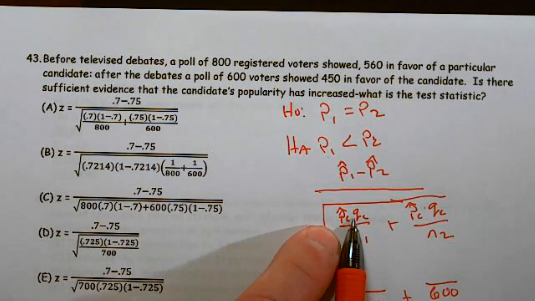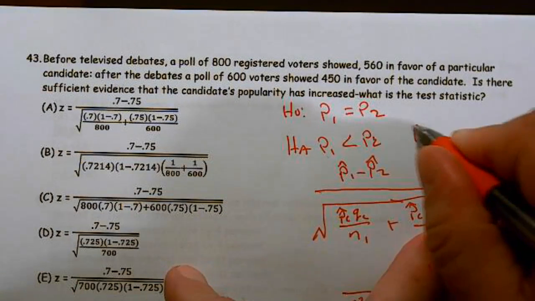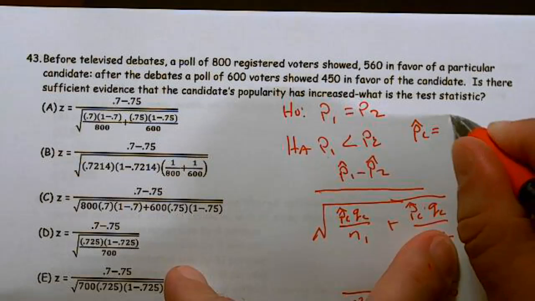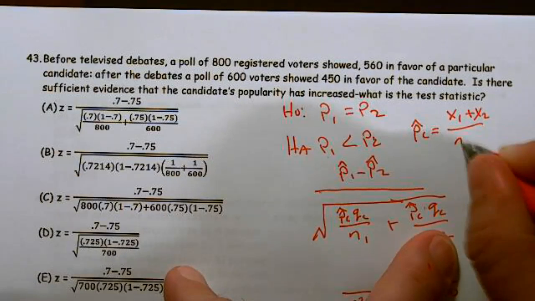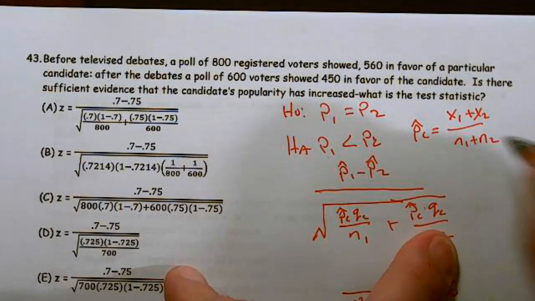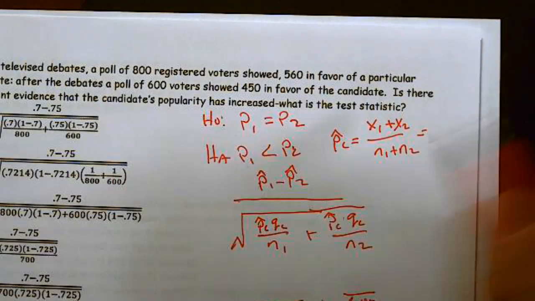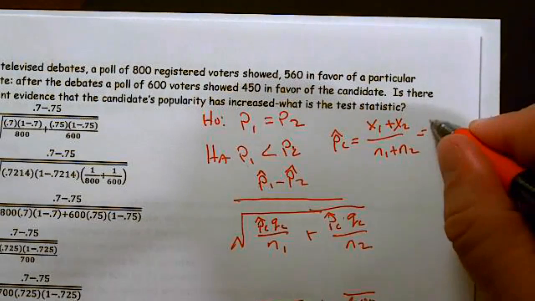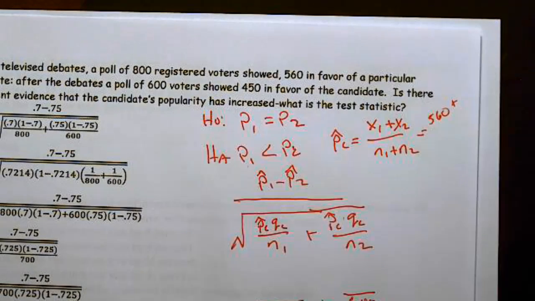And we need to calculate p hat c and q hat c. Well, remember, p hat c equals x1 plus x2 over n1 plus n2. X1 is 560 plus, I'm running out of room.